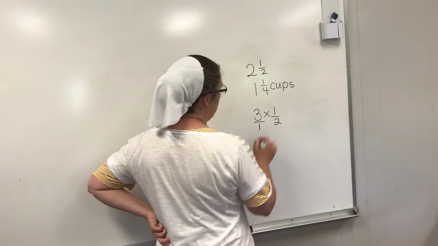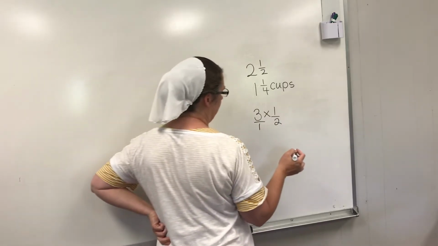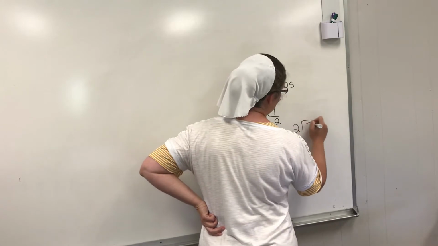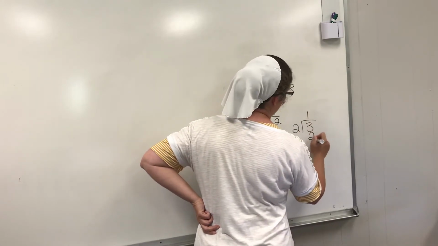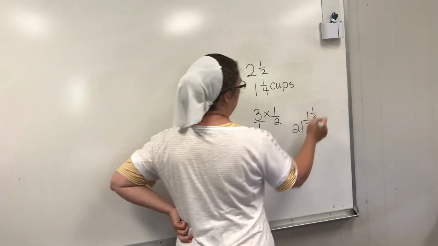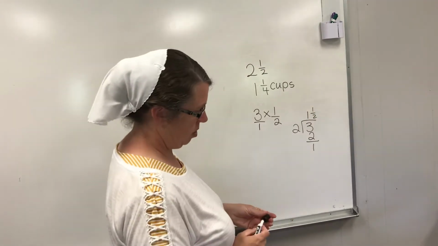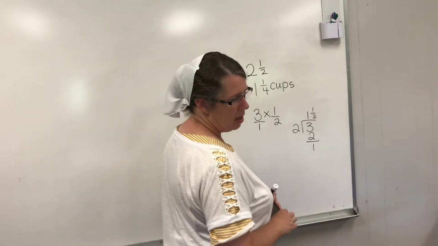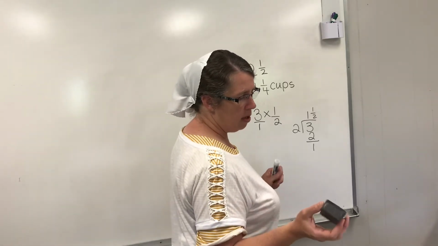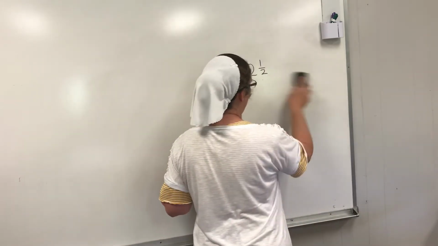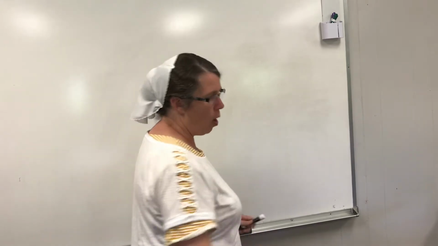So it's like 3/1 times 1/2, or you can divide it by 2. 2 into 3 goes 1 time, and you've got 1 1/2 teaspoons. Again, you have 1 cup of milk. Half of 1. What did we say is half of 1? 1/2. That's right, 1/2 cup.